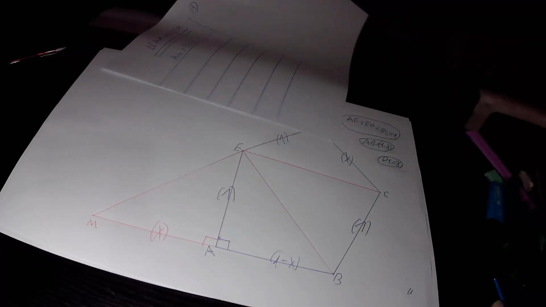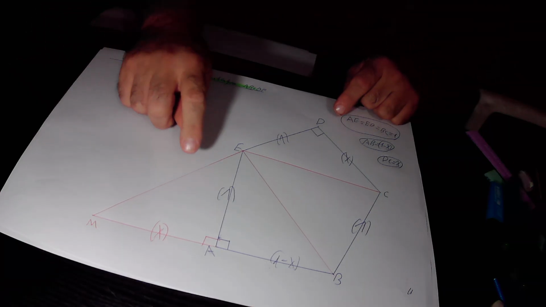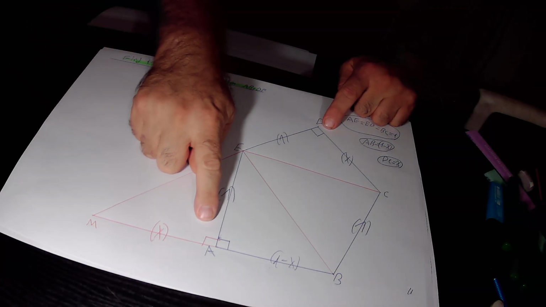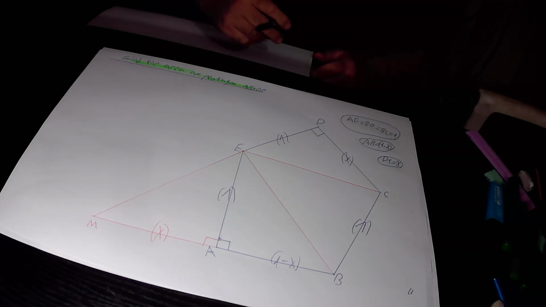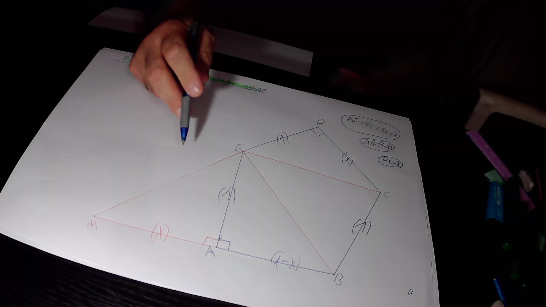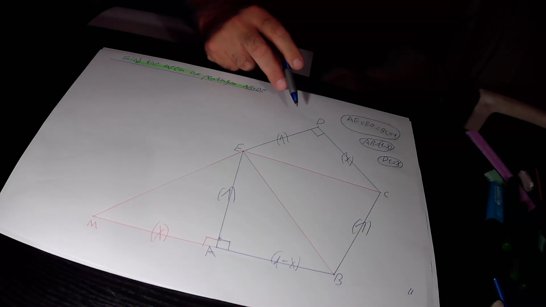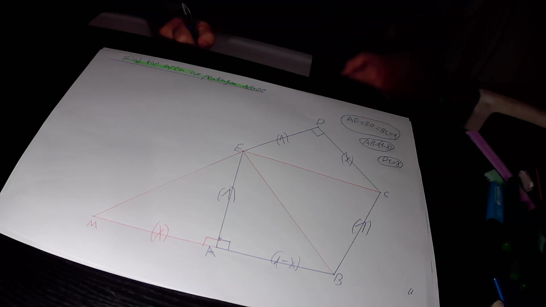In addition, those angles are both equal to 90 degrees and therefore they are equal to each other. So here this is angle EAM in the right triangle EAM, and it is equal to this angle, which is angle EDC in the right triangle EDC.